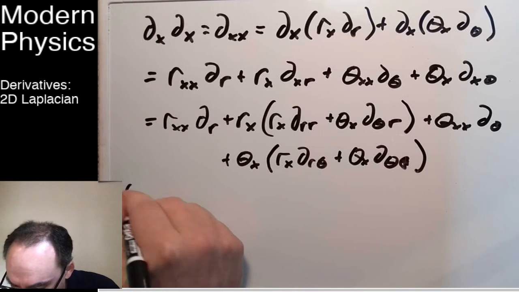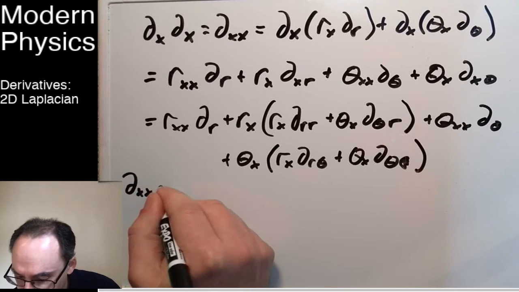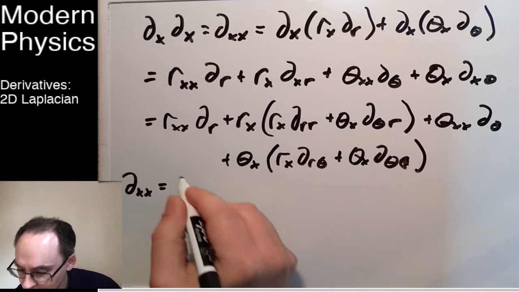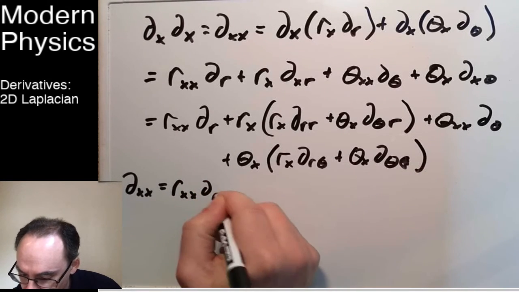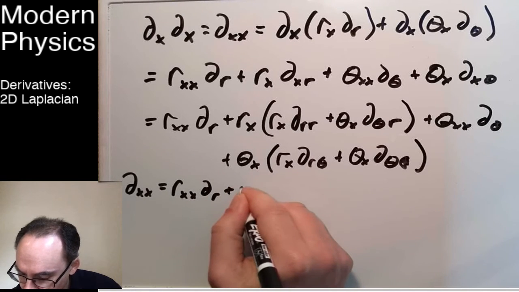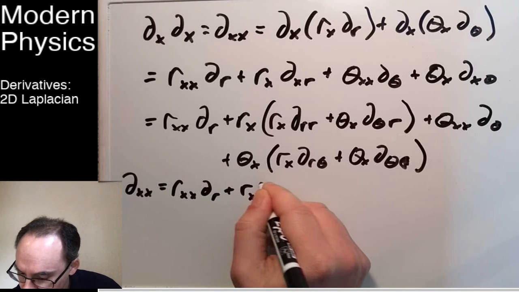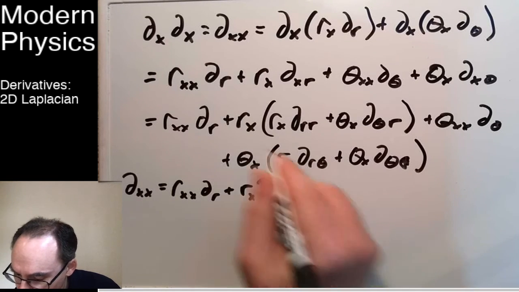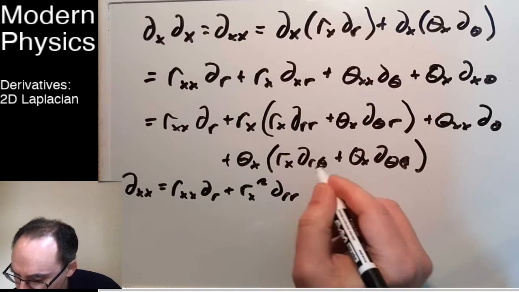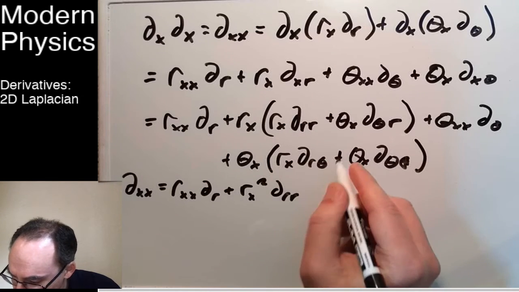So in the end, what I have is the second derivative with respect to x is equal to, and I'm just going to write out the rest and then combine those two terms, r_xx ∂_r plus r_x squared ∂_rr. This term gets combined. I'll save the combined term until the end.